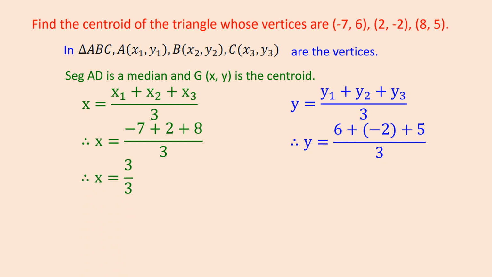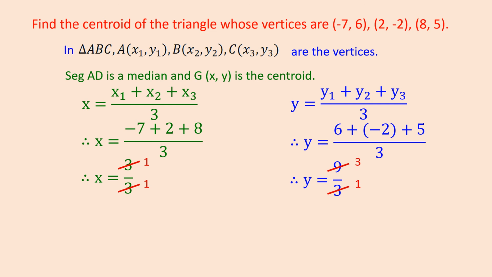The x coordinate is -7 plus 2 plus 8, which is 3, upon 3. So 3 upon 3. Similarly for y, 6 minus 2 gives 4, and 4 plus 5 is 9, upon 3.